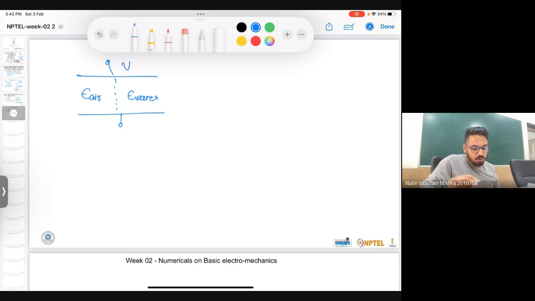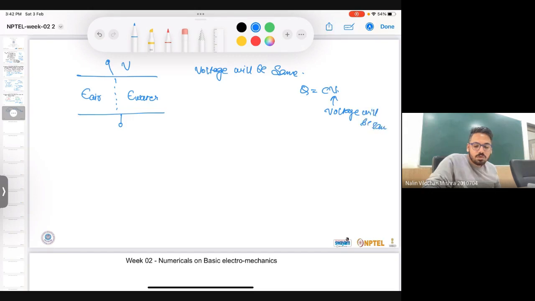So we all can understand from this figure, the voltage will be the same. And if we write Q equal to CV, we know that the voltage will be the same. So what should vary? Charge.